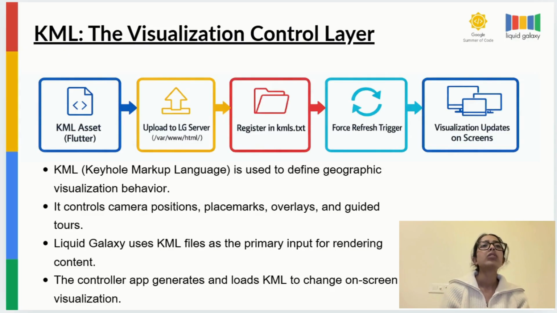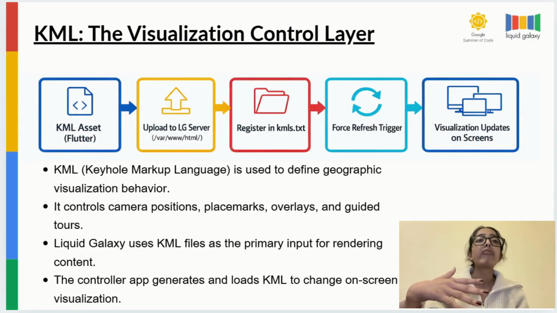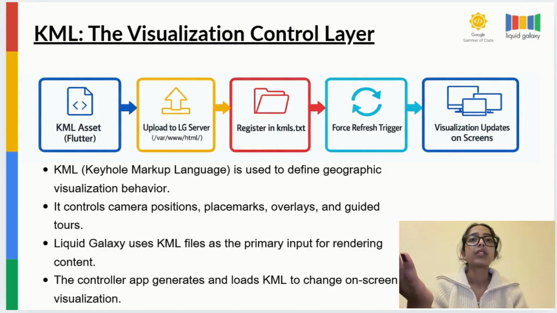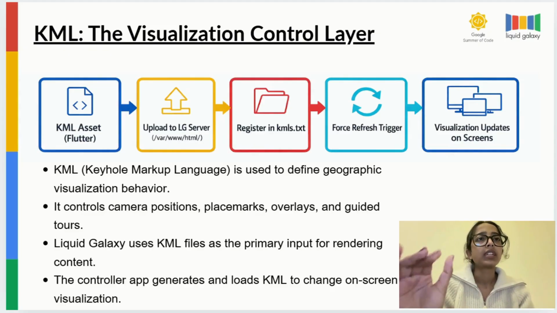In our app, the process starts with the KML asset inside Flutter. When the user triggers a visualization, the app first uploads this KML and then registers it into the correct path in the Liquid Galaxy system. After uploading, the file is registered inside the kml.txt loader.